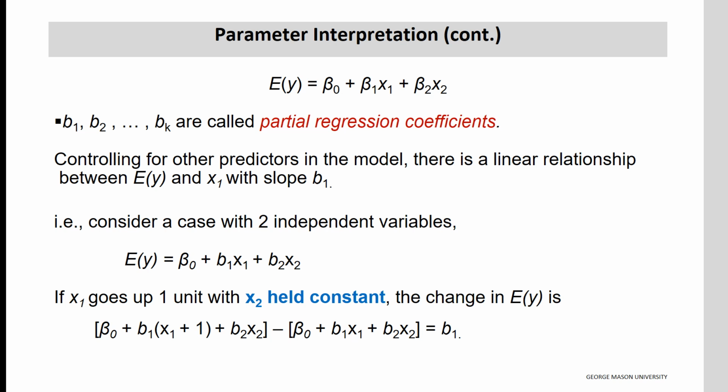Let's look at an example where we have two independent variables again. We will have x1 associated with a slope of b1 and x2, independent variable 2, associated with a slope of b2.